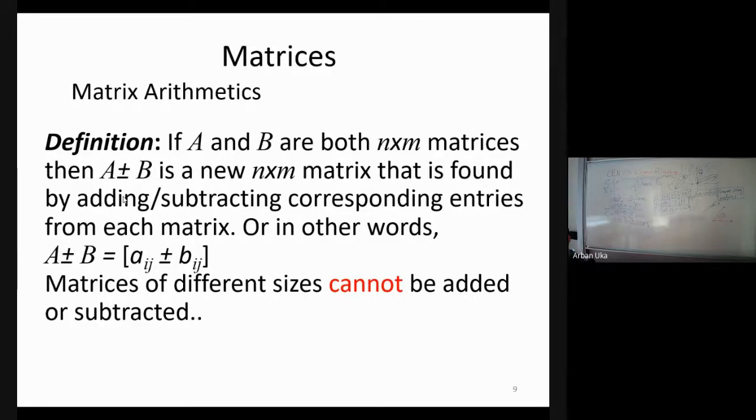And if we have two matrices of different size, we can never add them. So the addition is not defined. So if you come to the exam and you are given two matrices that don't have the same size, don't add them. Or you can simply report that the addition is not defined.